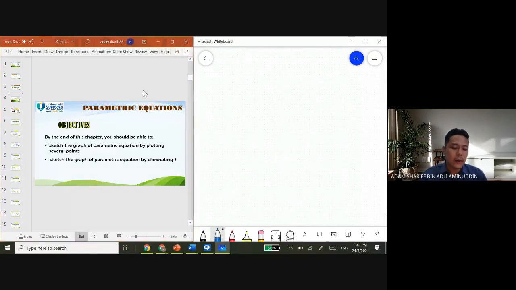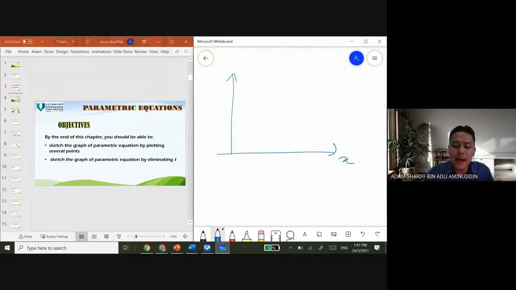Yeah, I start with some what I call as initial orientation lah, orientasi awal. In a normal graph, you have x and you have y. And y is a dependent variable which depends on x.